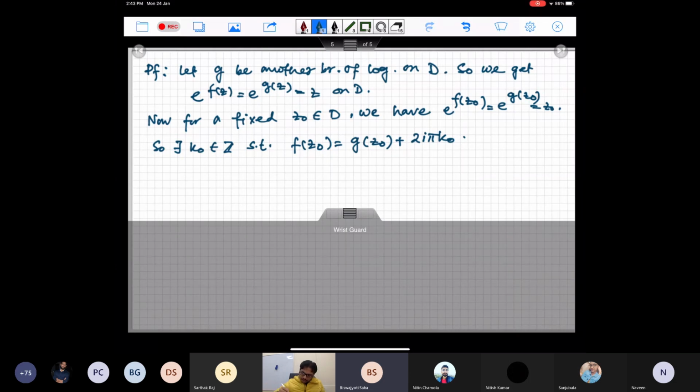So what we need to show is that this k_0 works for all z in D. If I can show that this k_0 works for all z in D, will you agree that g(z) is nothing but a translate of f(z) by some integer multiple of 2iπ? Yes, so if we can show this, we are done.